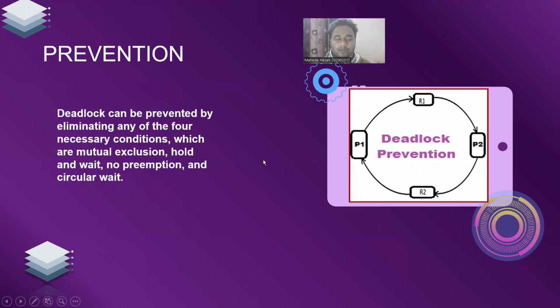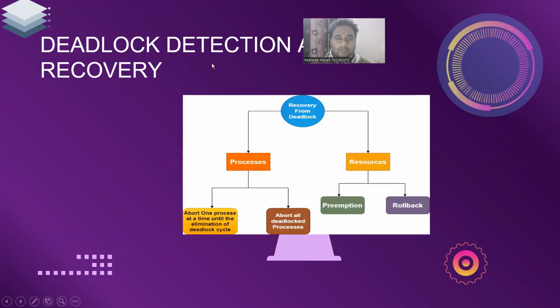Now the second topic is deadlock detection and recovery. In deadlock detection, we can run an algorithm to check for a cycle in the resource allocation graph.